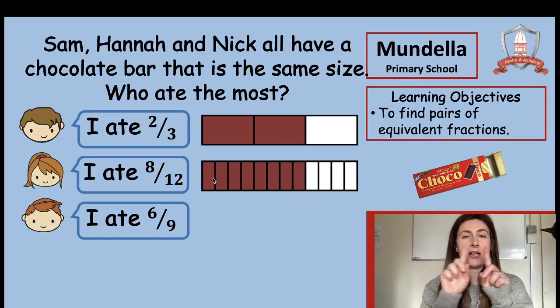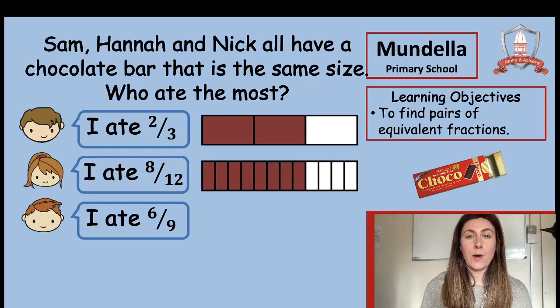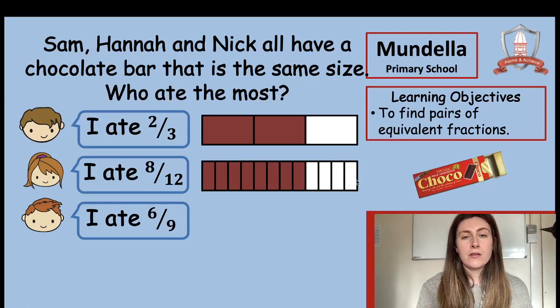You could use the squares in your book to help you to do this as well, to make sure that they're all the same size. I've got 12 parts. If you can see, I've got 4 parts in each of the thirds, and then I've coloured in 8 of them. So at the moment, it looks like Sam and Hannah ate the same amount.